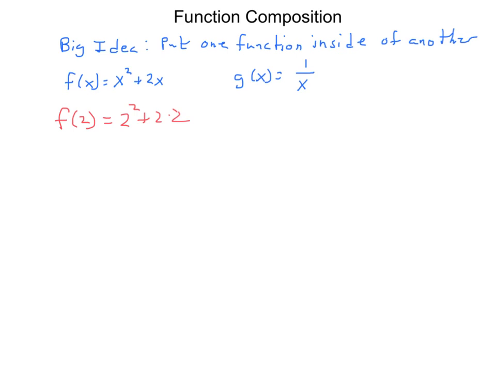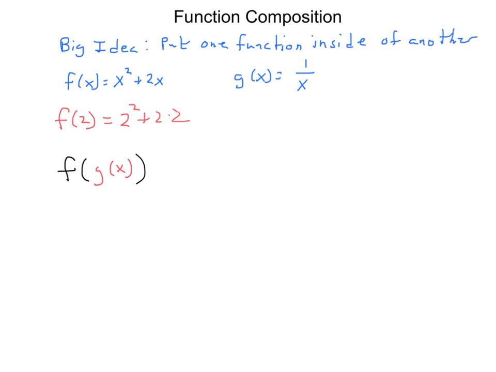So now what we're going to do is change this up a little bit. You remember that what was in the parentheses ends up going in for the variable. So we're going to have something that says f of g of x. Remember that what that means is that whatever is inside here goes in for the variable. In this case, g of x I already know is 1 over x.